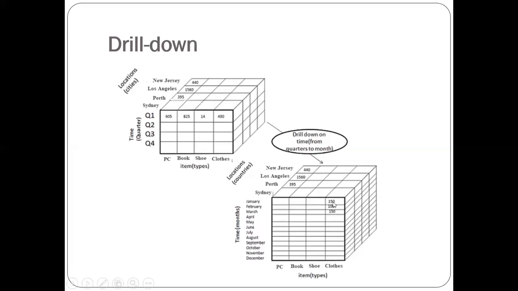So if you are summing up this 150, 100 and 150, it will become 400. So where is that 400? We used to have the 400 here, right? This 400 is for clothes for Q1, 400. This is what we'll be having. Okay, clear on this? What is drill down?